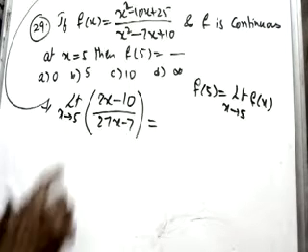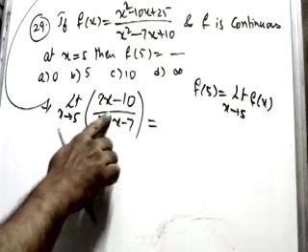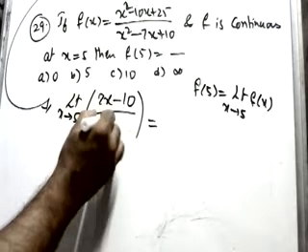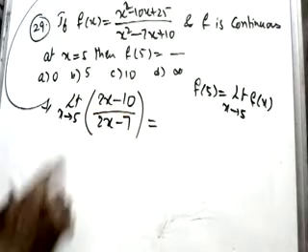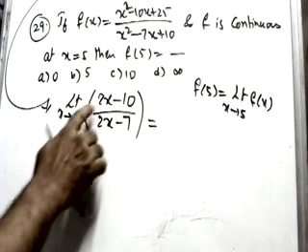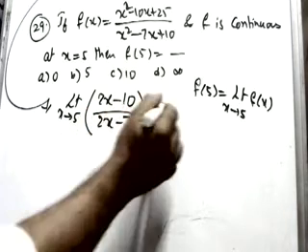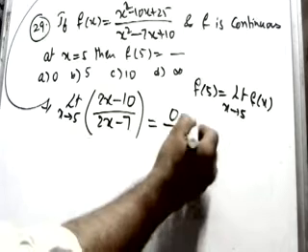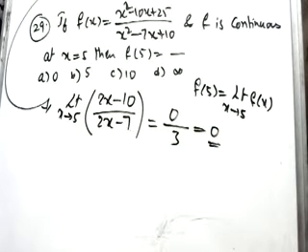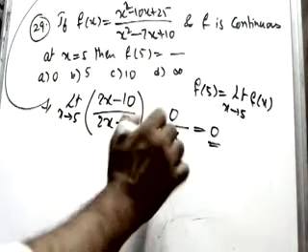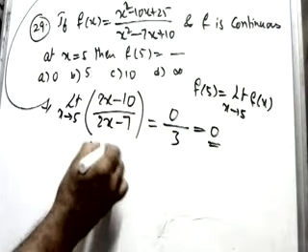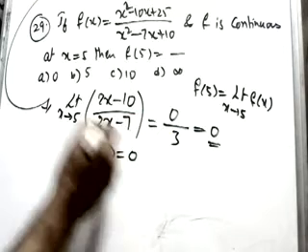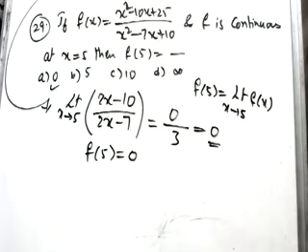Now if you substitute 5 again, 2 fives are 10, 10 minus 10 is 0, divided by 2 fives are 10, 10 minus 7 is 3. So 0 by 3 is 0. So f of 5 will be the same as the limit value. The limit value is 0, therefore f of 5 will also be 0.